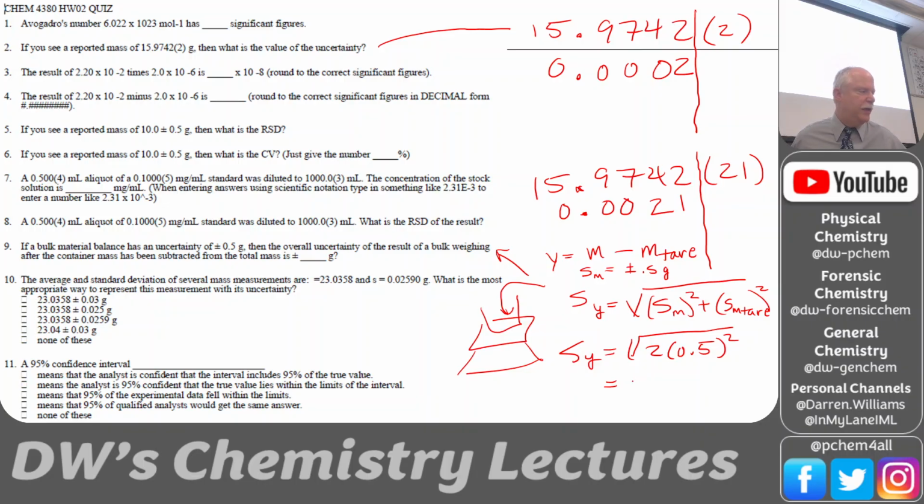I don't know, let me do it on my calculator. Yep, 0.7. So you see, it's not 0.5, it's a little bit higher. It's 0.7 because you're uncertain in your tare mass and you're uncertain in the total mass that you're after.